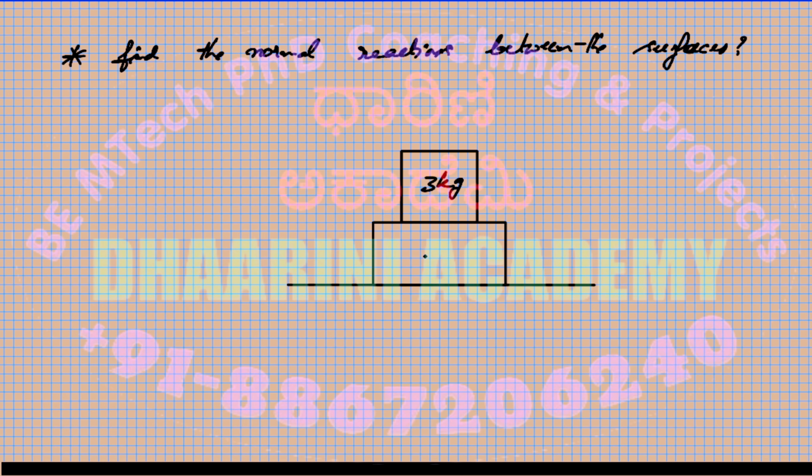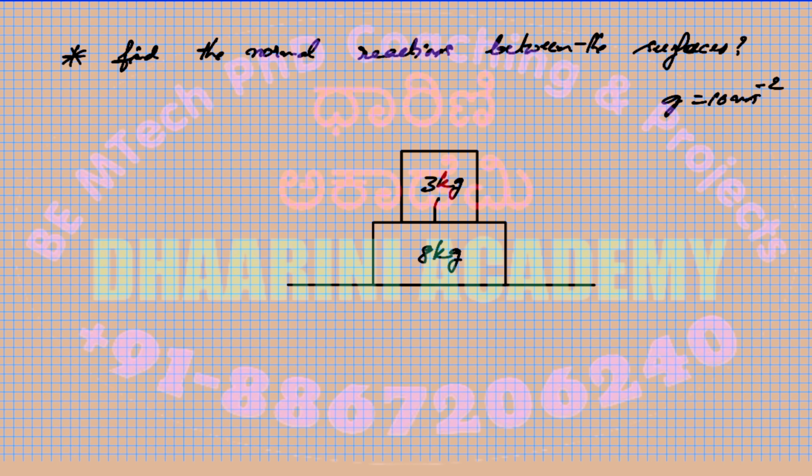This is 3 kg, this is 8 kg. Take g as 10 meters per second squared. The normal reaction between the 3 kg and 8 kg is the same as the force that the 3 kg exerts on the 8 kg mass.